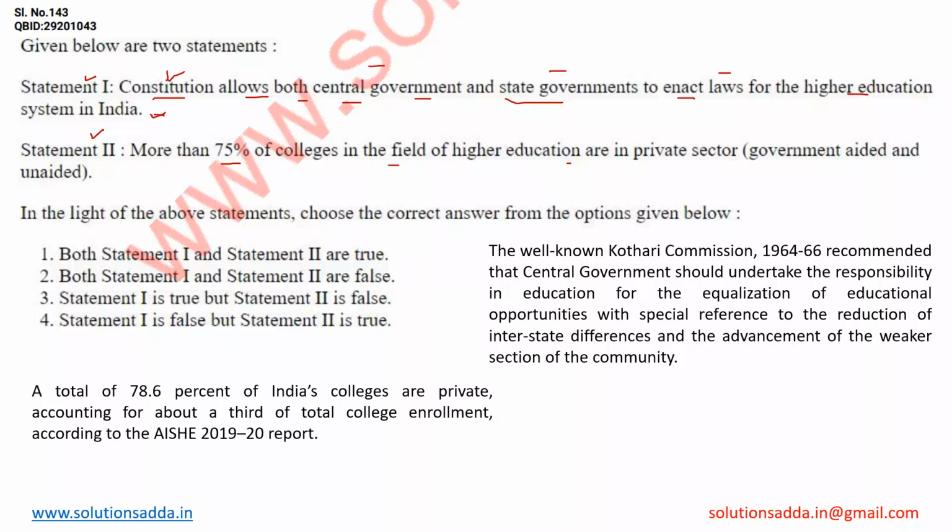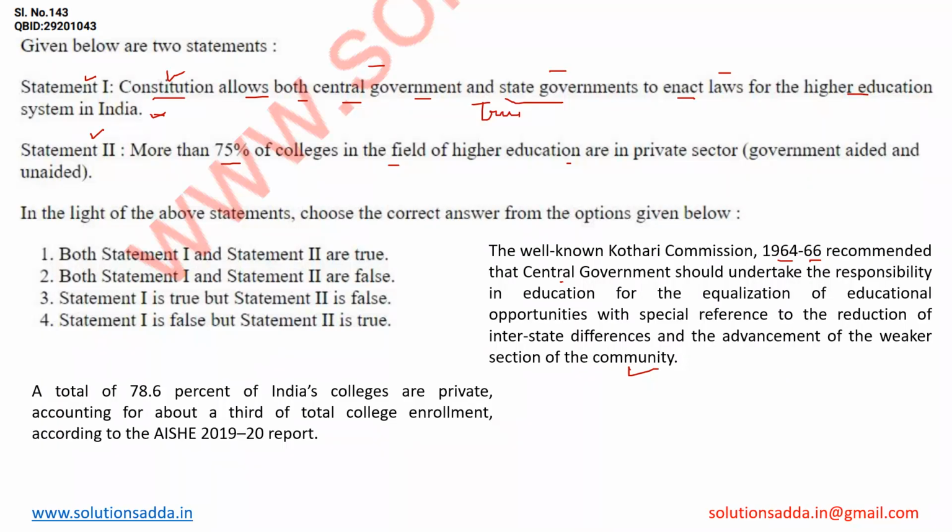The well-known Kothari Commission 1964 to 1966 recommended that the central government should undertake the responsibility in education for the equalization of educational opportunities, with special reference to the reduction of interstate differences and the advancement of the weaker sections of the community. So there are laws like this in which the central education system has been taken into consideration, and both central government and state government work on the higher education system in India. So statement 1 is true.